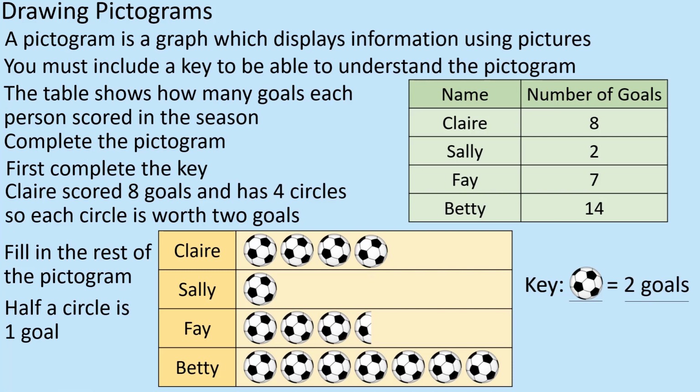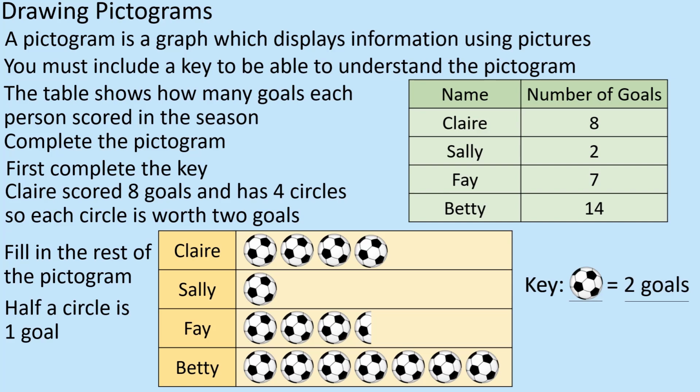So that pictogram visually shows how many goals the girls have scored. One question I have is, is it a good representation? Does it show that Betty scores more goals than everybody else? Yeah, it does. My only concern with this one is whether a football is a good representation of 2 goals, or should it maybe be a football for 1 goal?